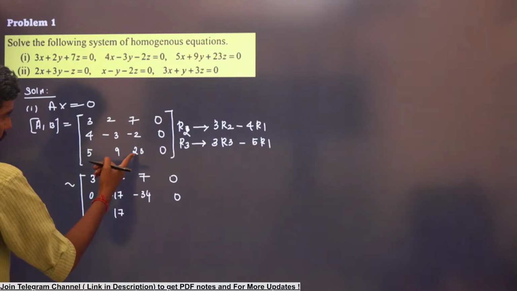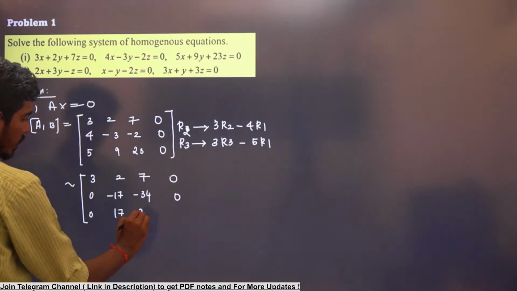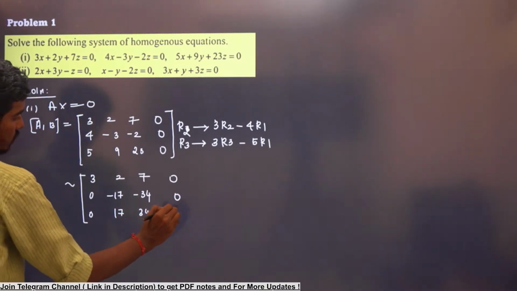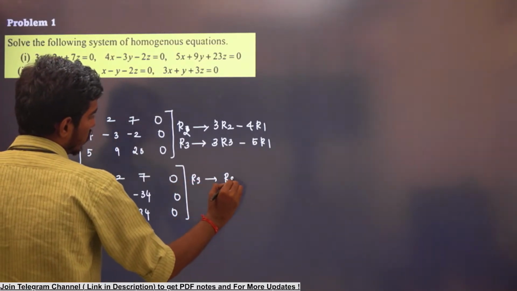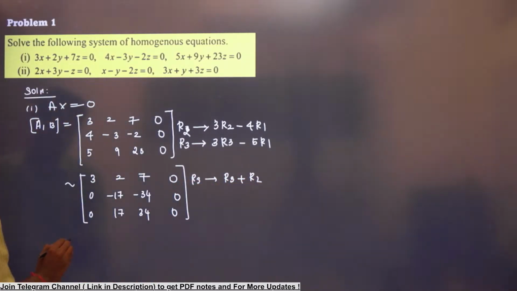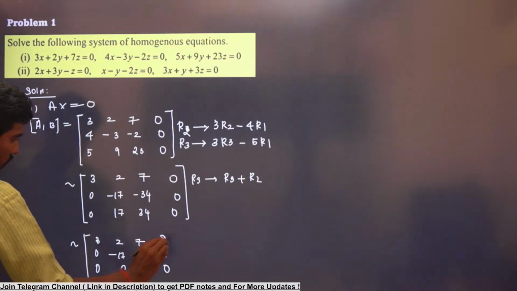You multiply 3 here, this will be 69. 69 minus 35 is 34, and this is 0. So R3 is now transformed to R3 plus R2. So this is equivalent to 3 2 7 0, 0 minus 17 minus 34 0, 0 0 0 0.